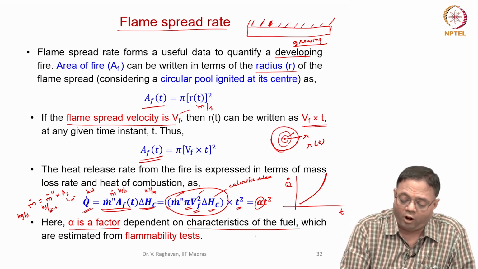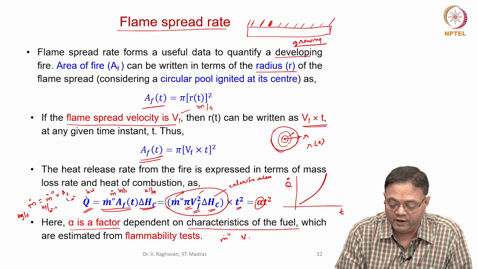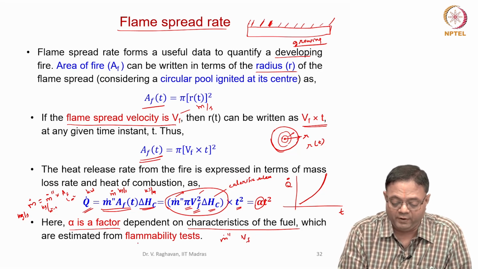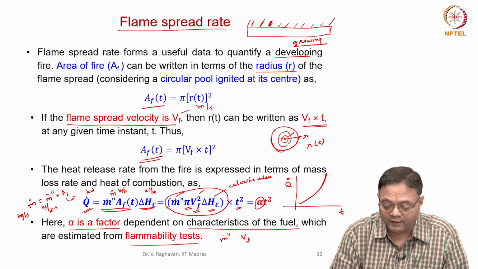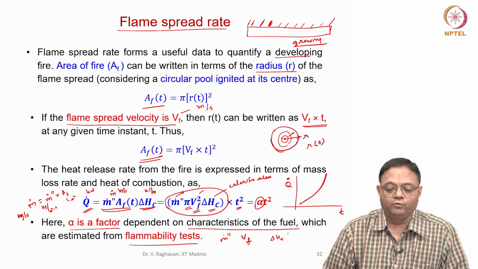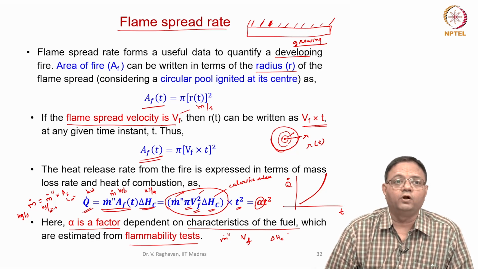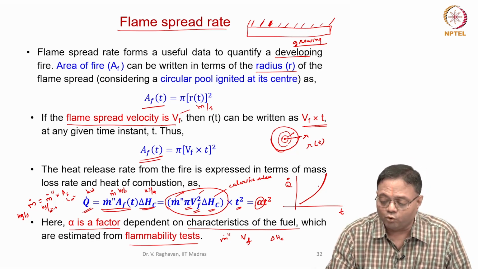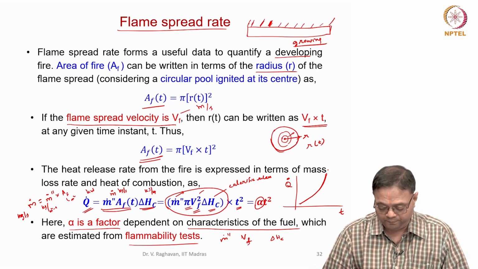Okay. Now, all these things in the alpha, m dot double dash, V_f, etc., can be got from the flammability test, which we have seen earlier, and delta H_c can be calculated from the bomb calorimeter. So, the flame spread rate is useful in determining the fire growth rate, which is an important parameter for us.